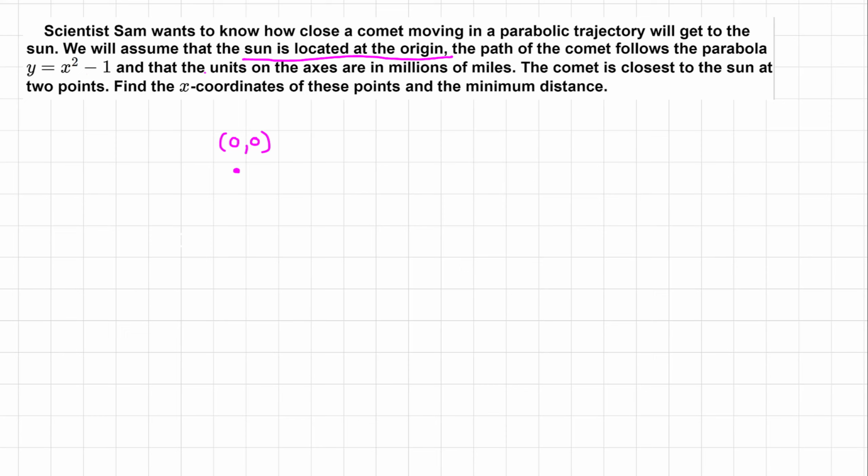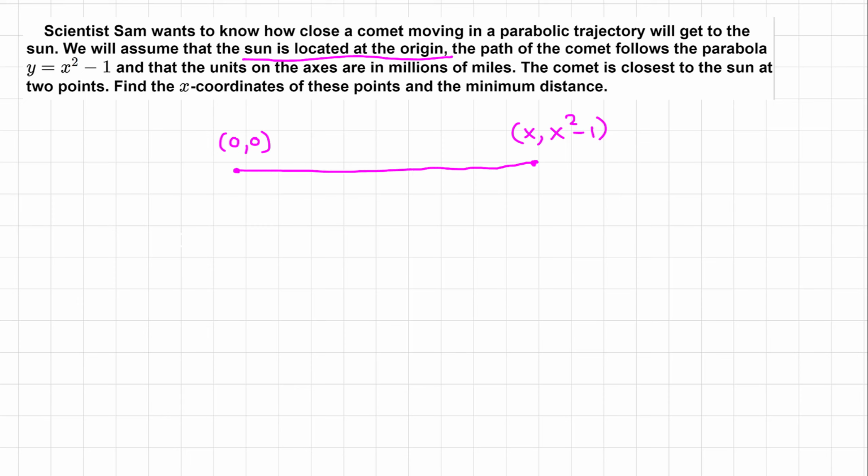There is another point, that's the generic point x, y, where y is given by this curve, x squared minus 1. This is the path for the comet and this is the sun's location.